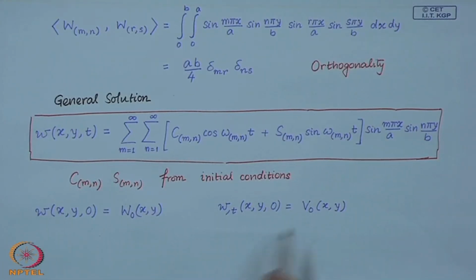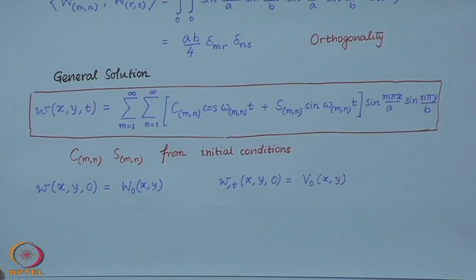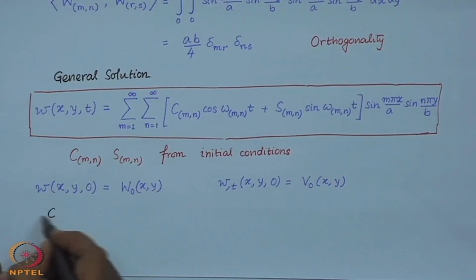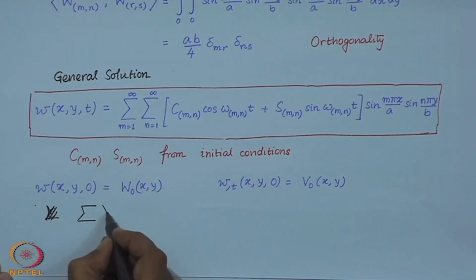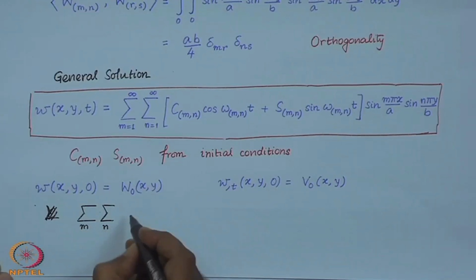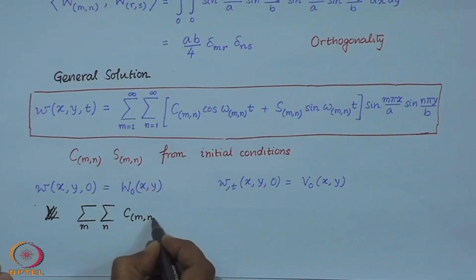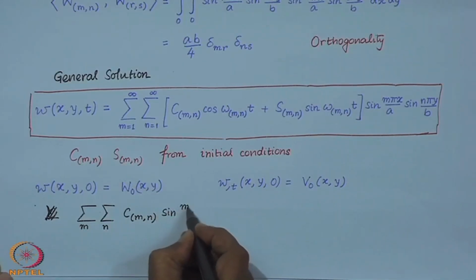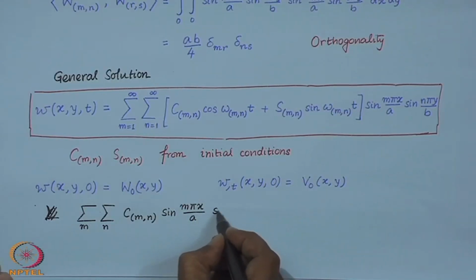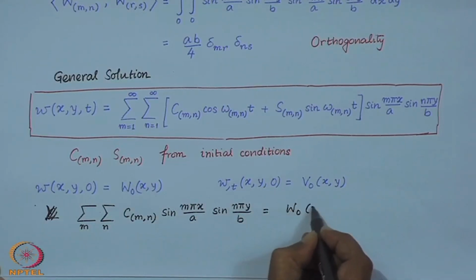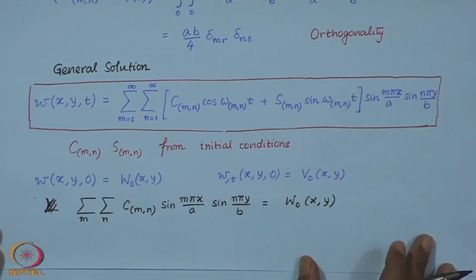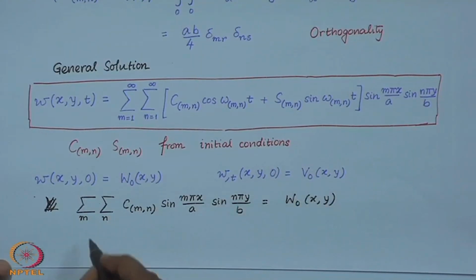So, given these two functions capital W naught and capital V naught, then we can write this, and similarly for the velocity condition.